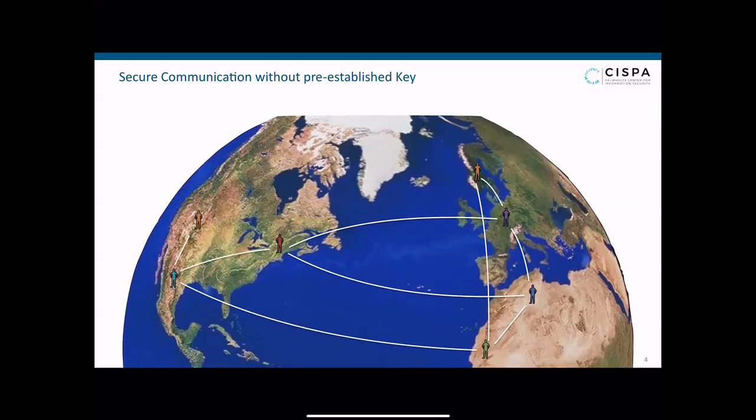There's not just a small set of possible people you can talk to, but in fact billions. There's billions of other devices you could possibly talk to, and pre-establishing keys with every single one of them, with people you haven't ever met before, is completely unrealistic.